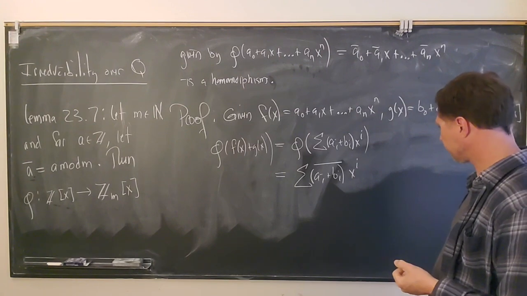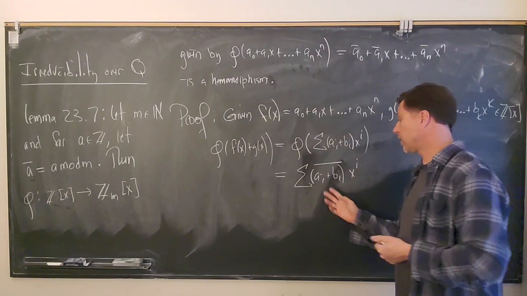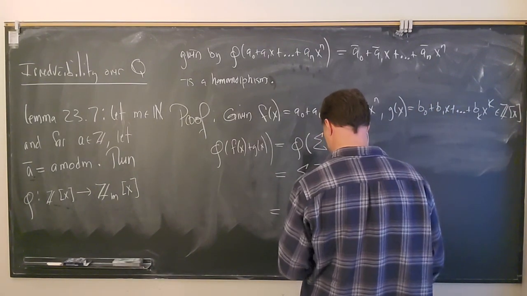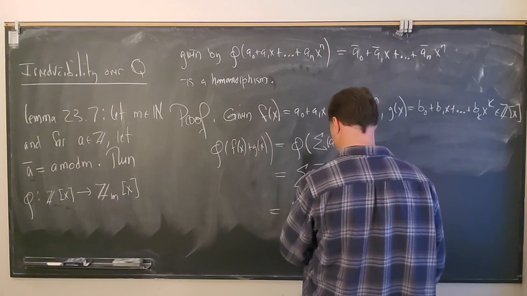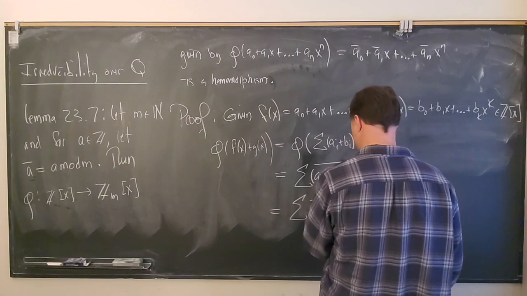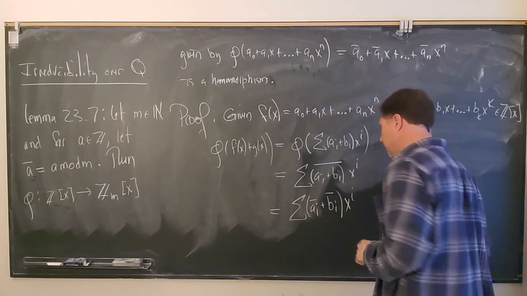Now, here's the nice thing. We know that reduction mod m works nicely with addition. So this can be rewritten as the sum of (a_i bar plus b_i bar) times x^i.